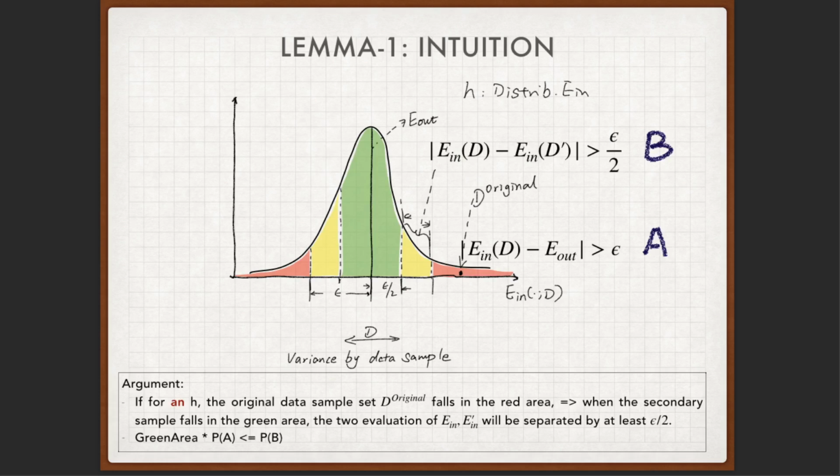So here is a cleaner representation. C is represented by this green area.